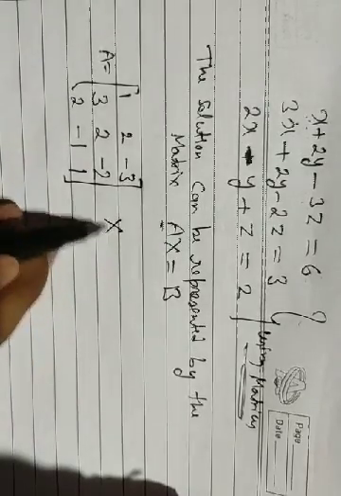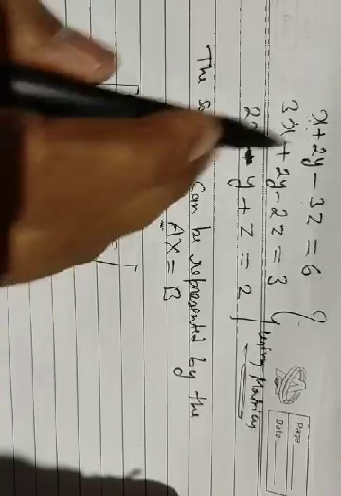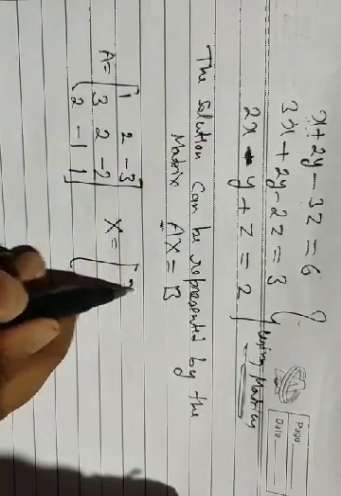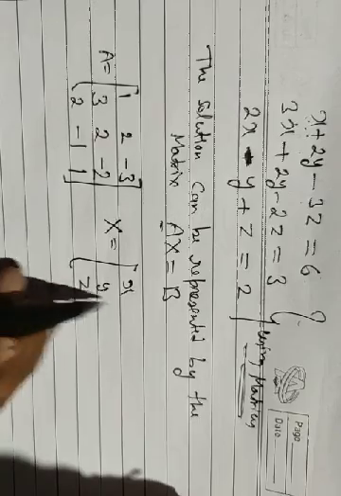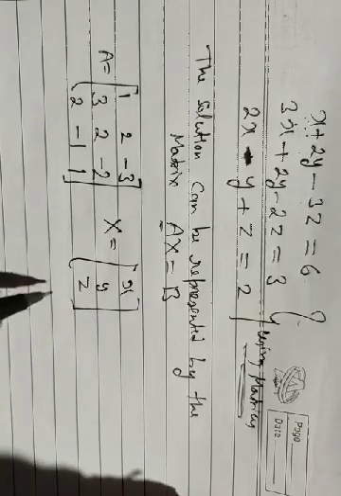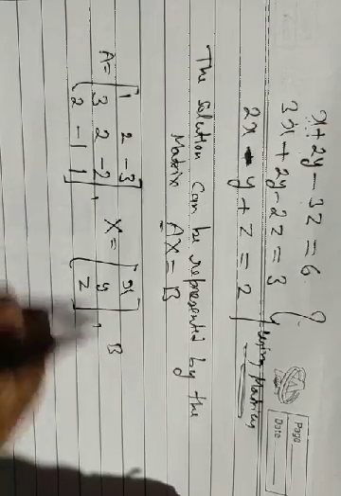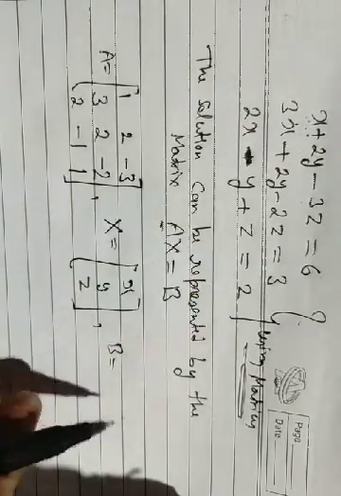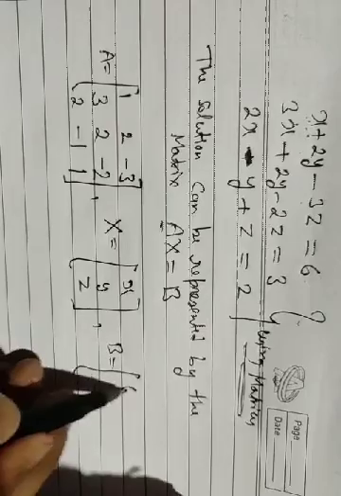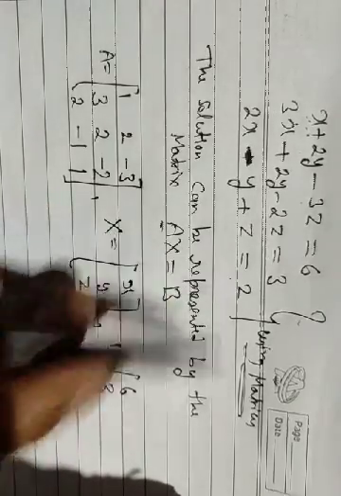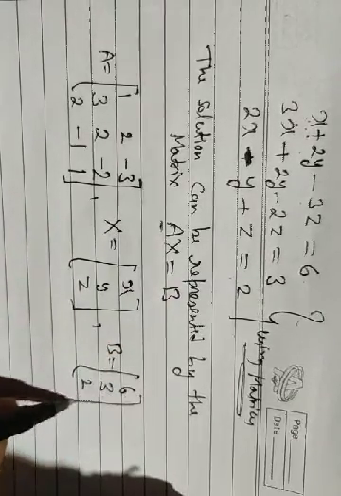What is X? X represents our variables x, y, z. And what is our B? Our B represents our constant terms, the matrix 6, 3 and 2.